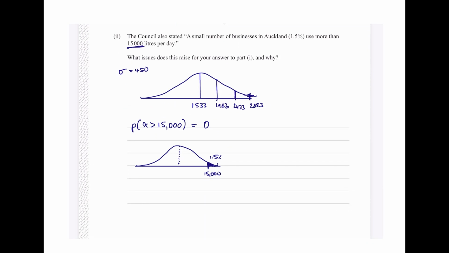But here they're saying, well, also 1.5% are using more than 15,000. So either the normal distribution does not accurately model this, but that's our issue, it's a contradiction for us to have a mean of 1,533 and to also have 1.5% of businesses using more than 15,000 litres.